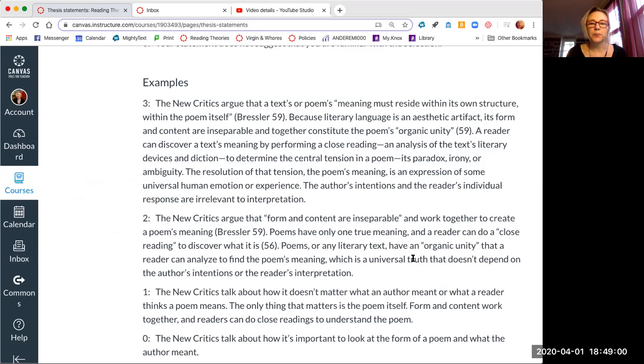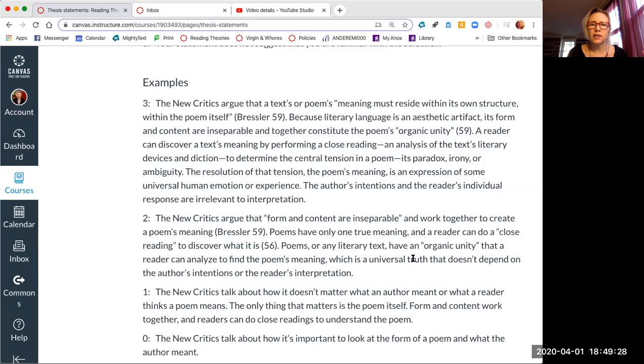It's well written. It includes a couple of quotations that seem to be necessary in order to explain the theory. So for example, organic unity is really important to the new critics. It's much more detailed than the description I gave in my little mini lecture.